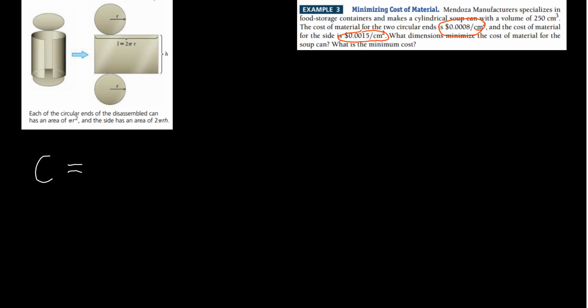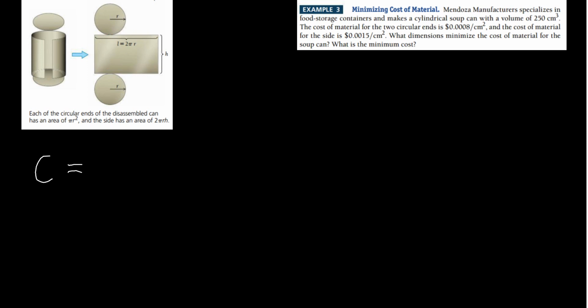This should be pretty simple to figure out. We have the two end cap circles as well as the whole big side part right here, so we have to figure out what that cost is.